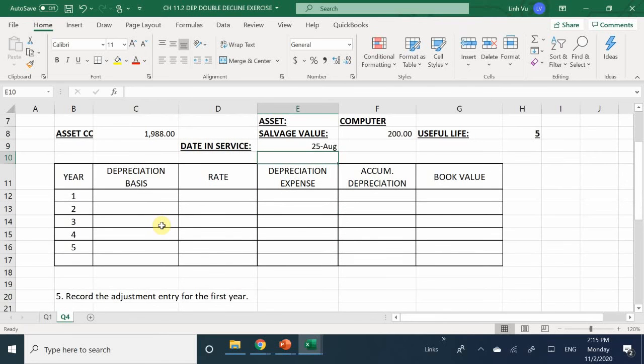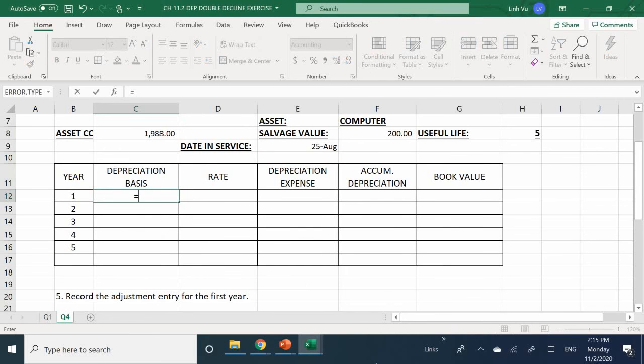Four. We're not doing August. We have September, October, November, and December. Total 4 months. So before we get to that, let's go ahead and solve for the depreciation basis.